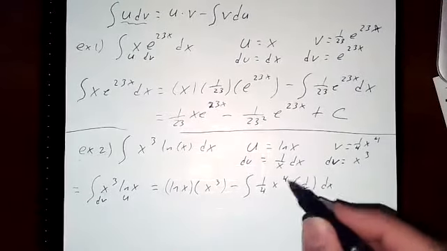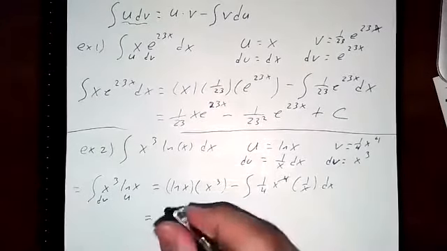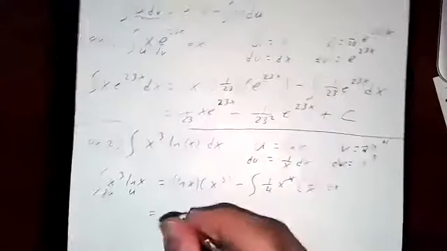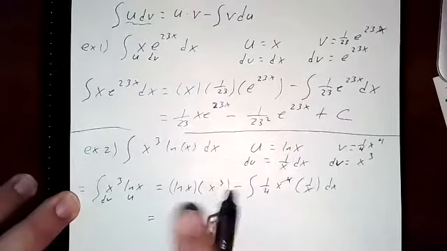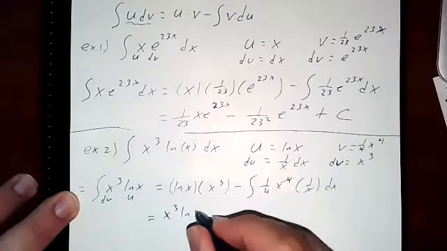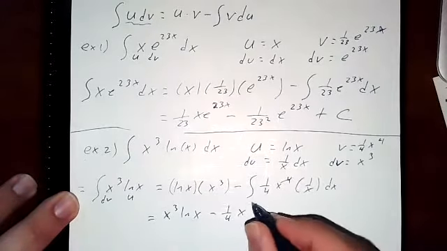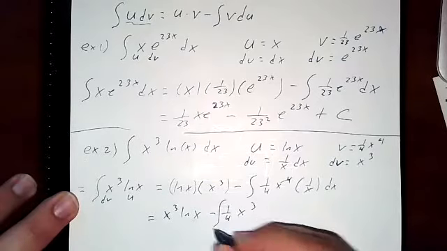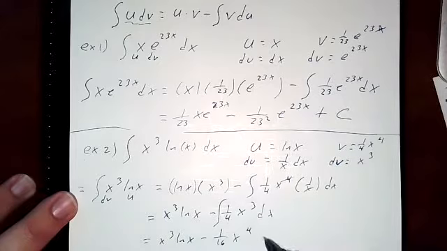So this will cancel one of them, right? So here, let me write this better. This would be 1/4 x to the 4th ln x minus 1/4 x cubed dx. So this integral here will give 1/4 x to the 4th ln x minus 1 over 16 x to the 4th plus c.